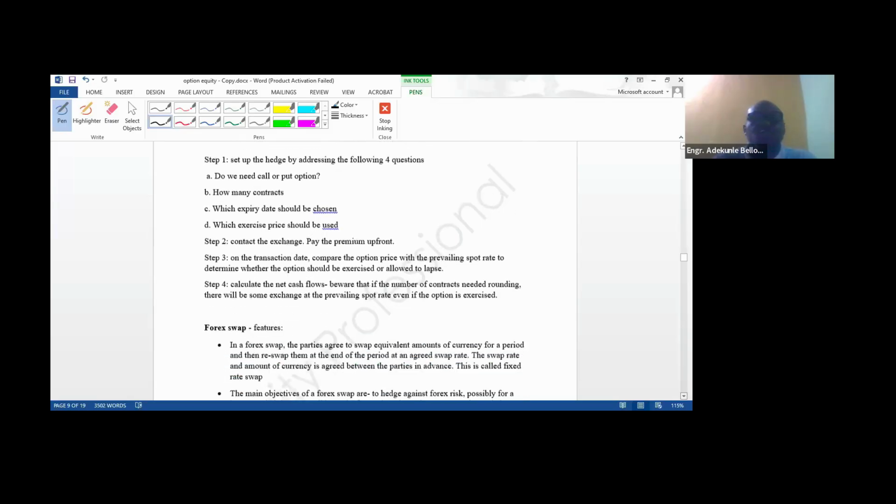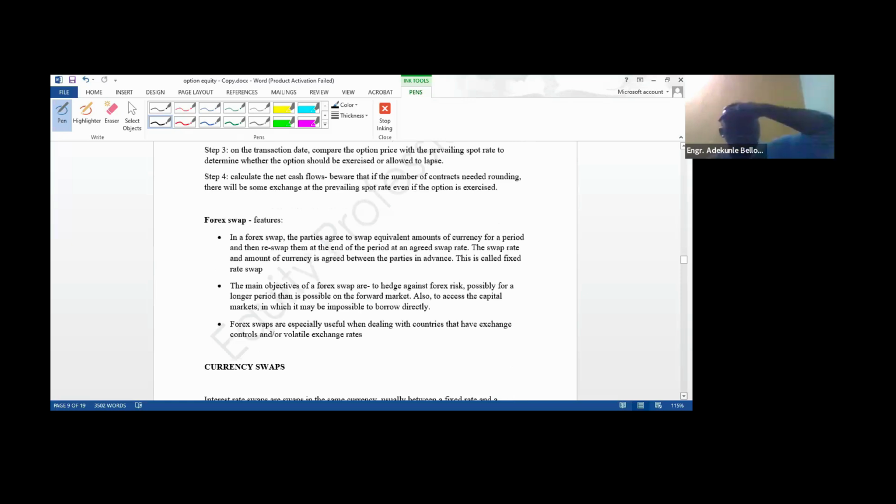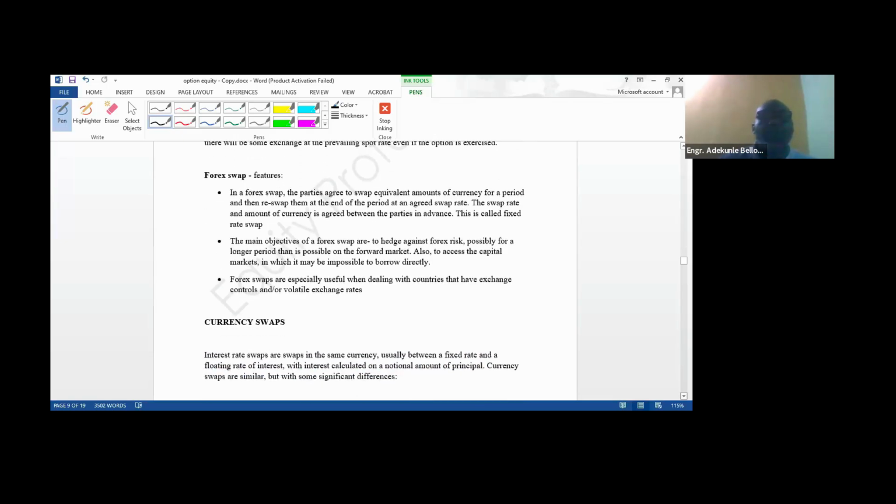The last one is currency swap. Currency swap is a contract between two parties to swap equivalent amount of one currency at an agreed swap rate over an agreed credit period.